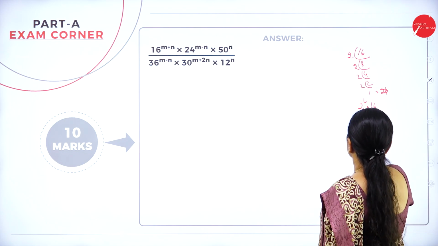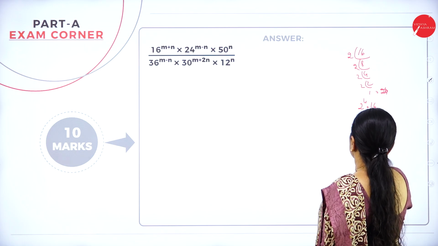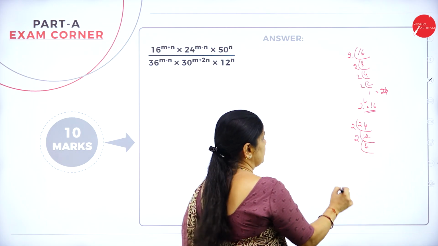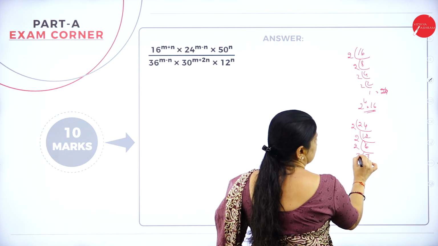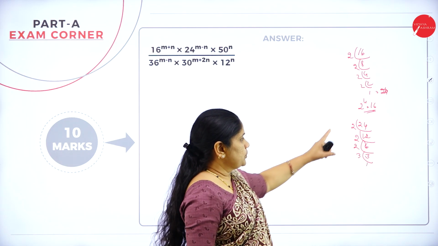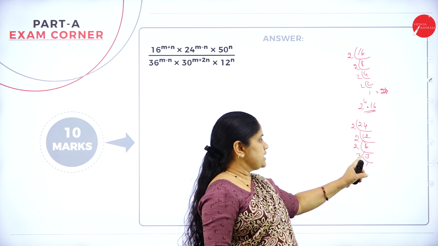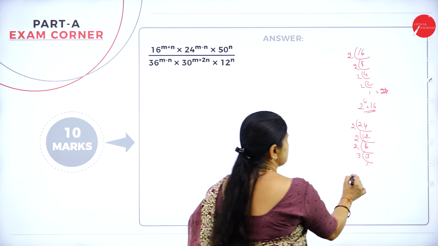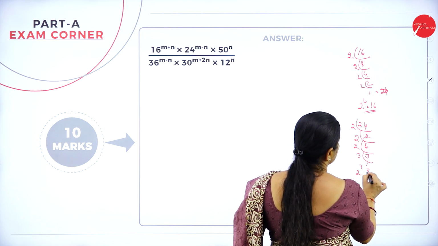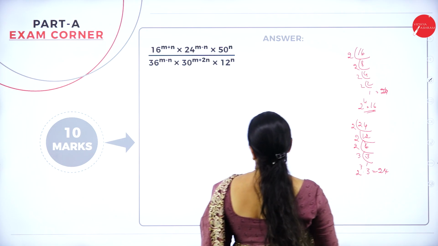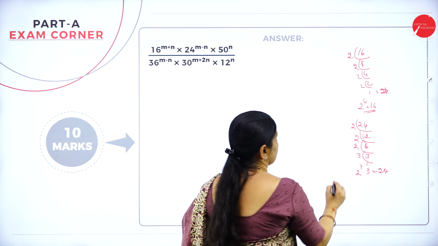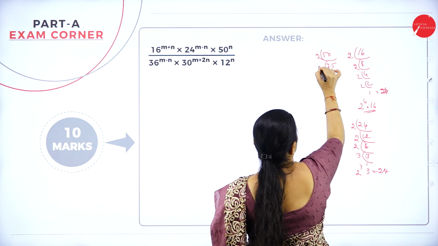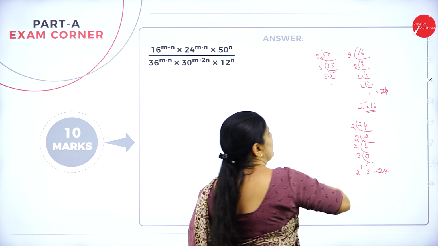Then 24. So 24 also, 2 12s are 24, 2 6s are 12, 2 3s are 6, 3 1s are 3. So 24 can be written as 2 cubed into 3 equals 24. Then we have 50. So 50 can be written as 2 25s are, 5 5s are, 5 1s are.